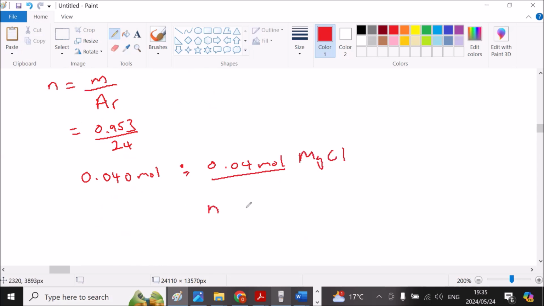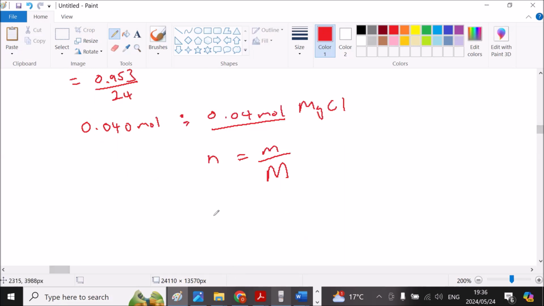We know number of moles is equal to mass over relative molecular mass, or relative mass for a compound. Now we can rearrange this equation by multiplying both sides by big M. Then we say mass is equal to number of moles times relative molecular mass, which is the number of moles, 0.04, times the relative molecular mass of magnesium chloride.